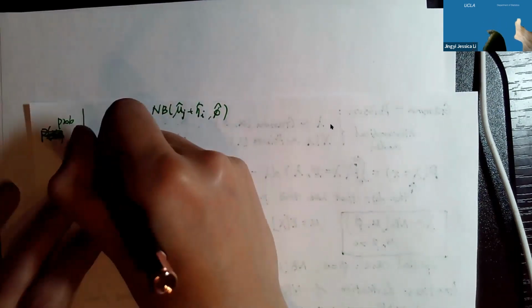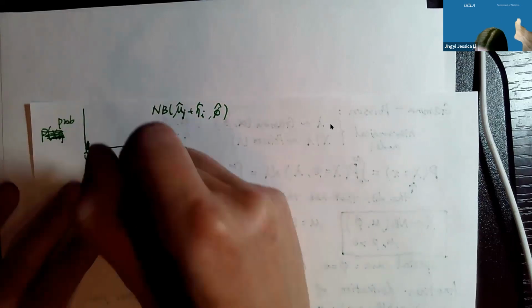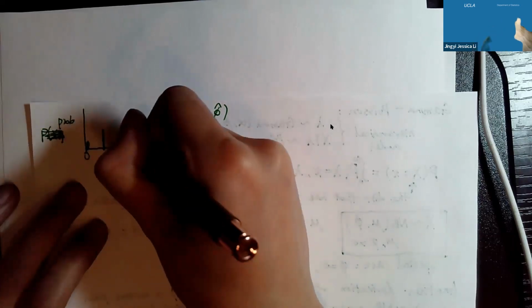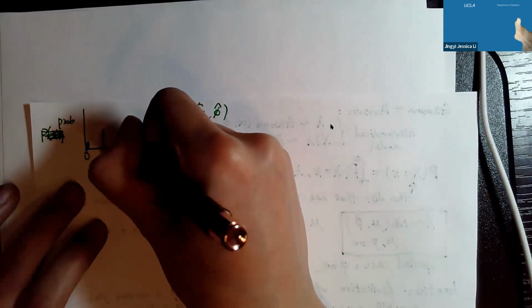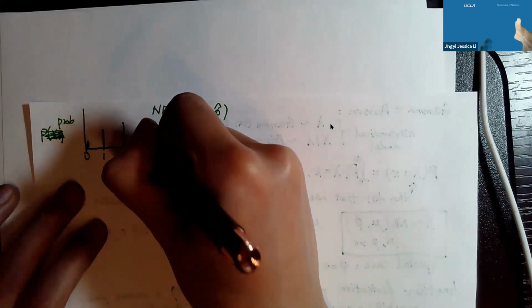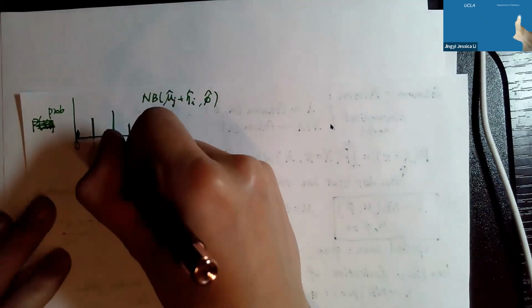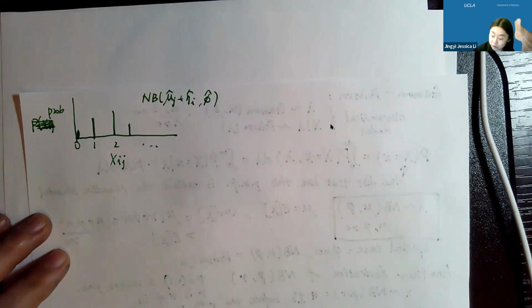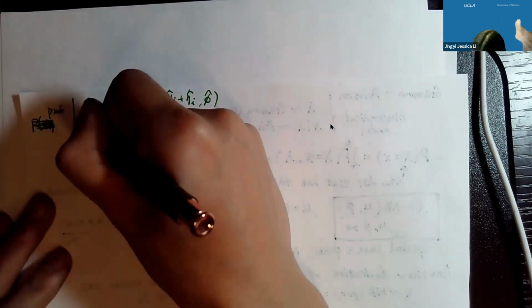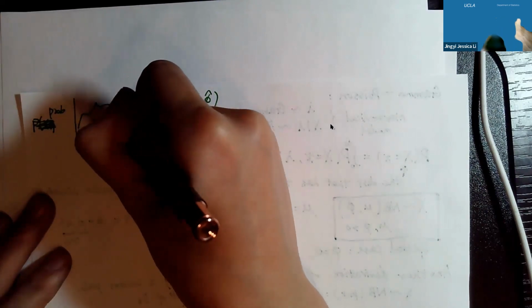At 0, we have this probability. At 1, we have this probability, and 2, this probability, and so on. So basically, all these bars should sum up to 1. That's the key. So let's say that my xij happens to be here, equal to 2. Then the probability would be just the sum of these 3 bars.